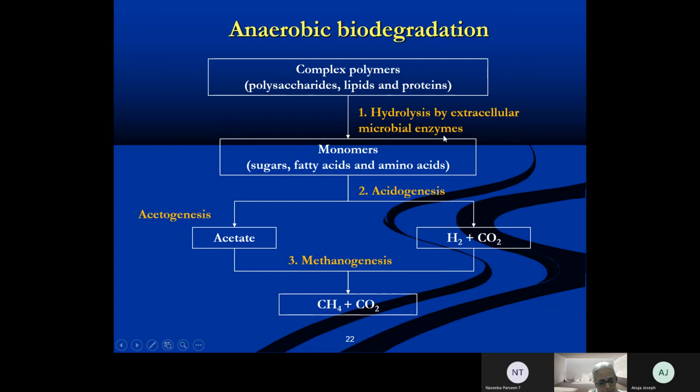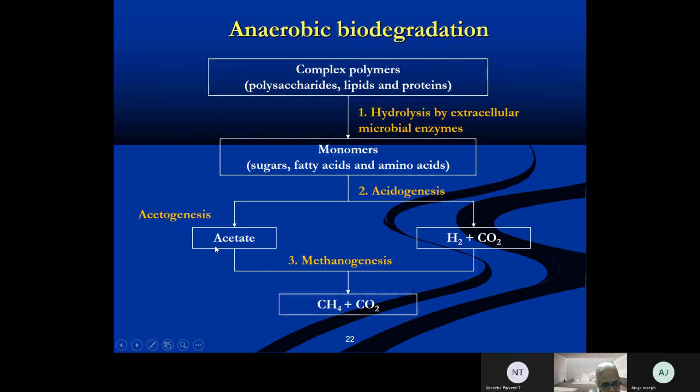These microorganisms are going to excrete extracellular enzymes out of their cell, which will mediate the hydrolysis of these complex polymers. And then once it's broken down into sugars, fatty acids, amino acids, and so on, these bacteria will then be able to take up these monomeric units and convert them to acids.